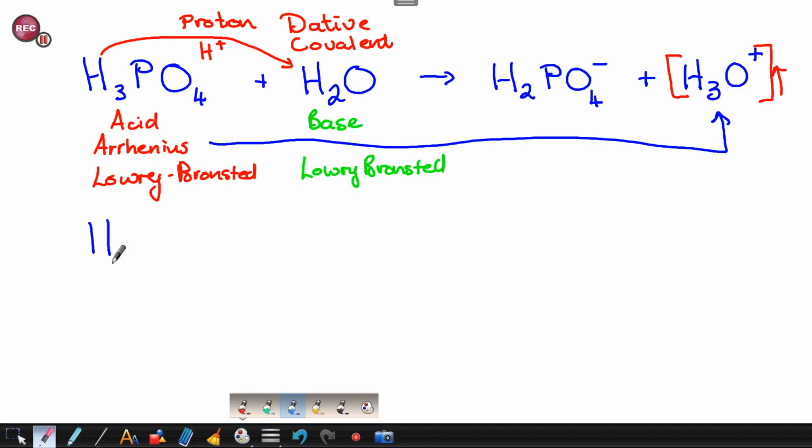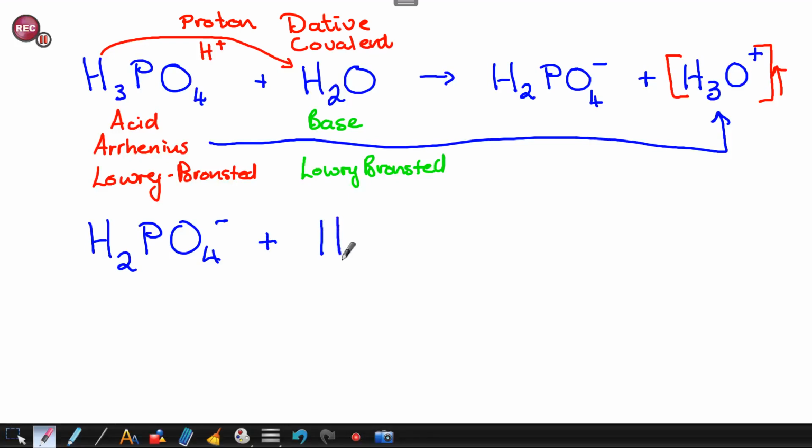This H2PO4-, has two more protons to give. So I'm going to write it. If it's in the presence of water, the chance is that it will give another proton to the water. If it gives another proton to the water, it is a Lowry Bronsted acid.